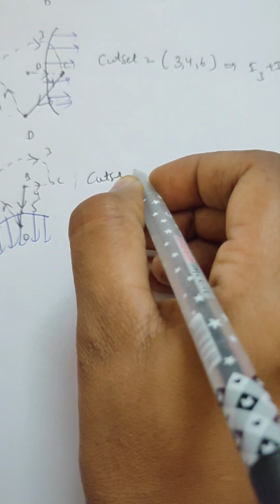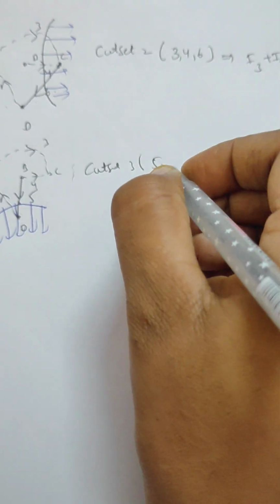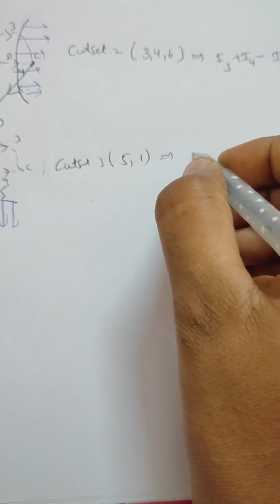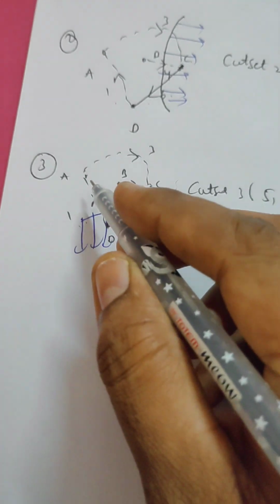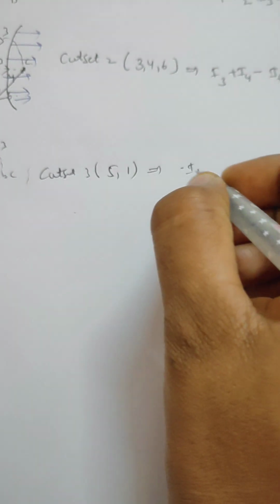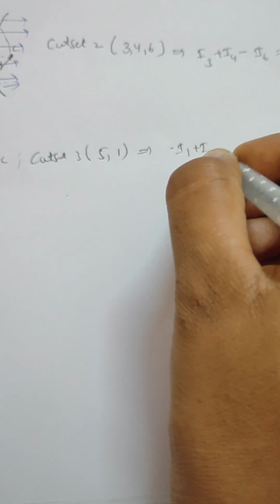So this is cut set 3 of branches 5 and 1. The resultant currents will be: 1 is towards A and 5 is towards D. So it is minus I1 plus I5 equal to 0.